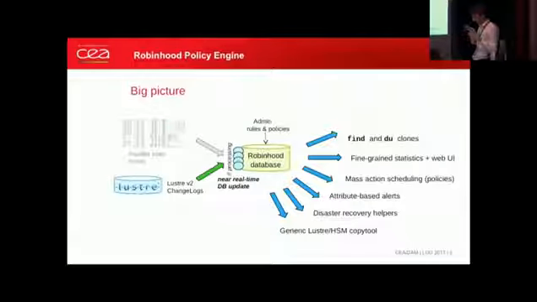Those entries enter a processing pipeline where Robinhood will enrich them by doing stats, retrieving HSM information, whatever you need for your policies, and ingest that into the database.